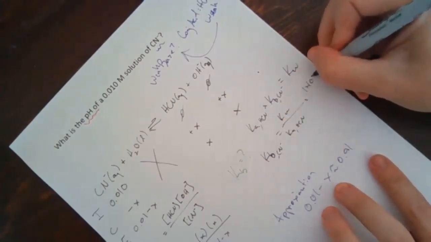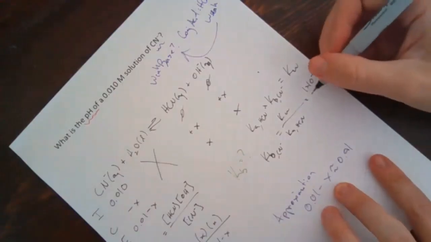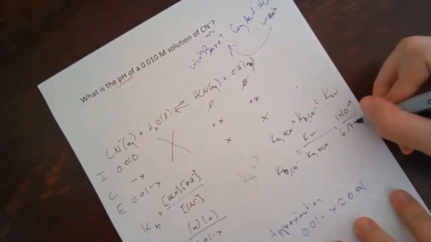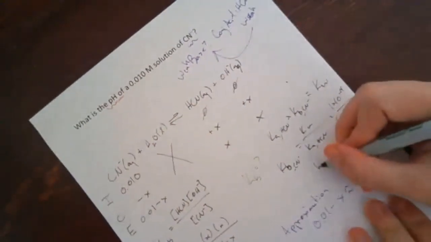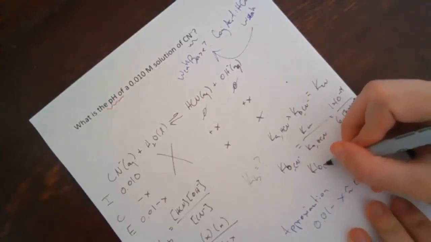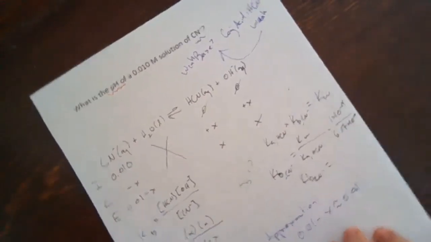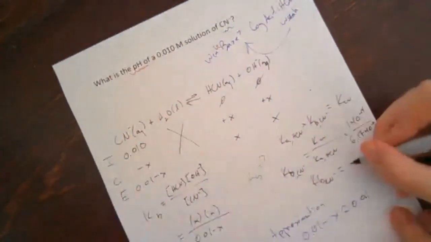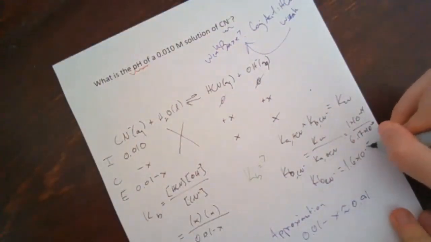So 1 times 10 to the negative 14th over the Ka of HCN, which I can look up, 6.17 times 10 to the negative 10. So we can always look up Kas. And I get that the Kb of CN minus is equal to 1.6 times 10 to the negative 5th.